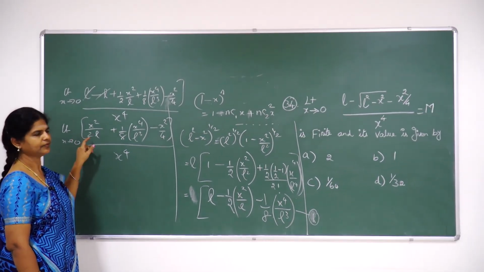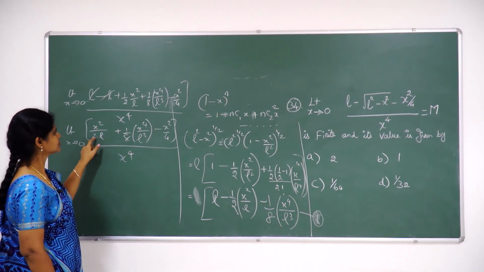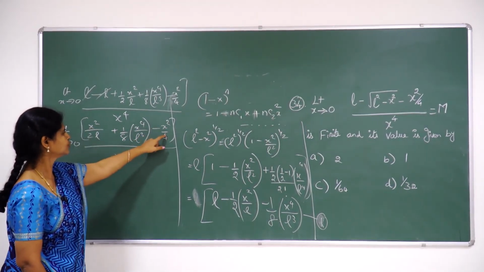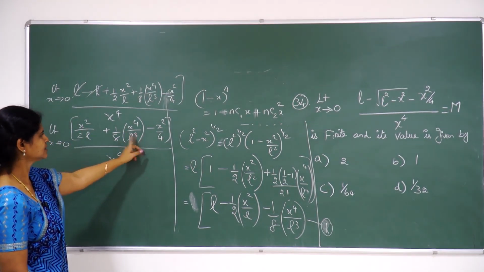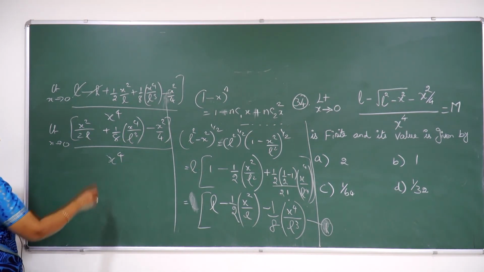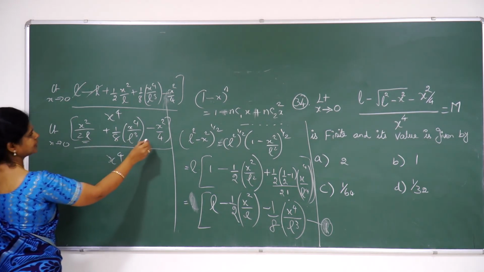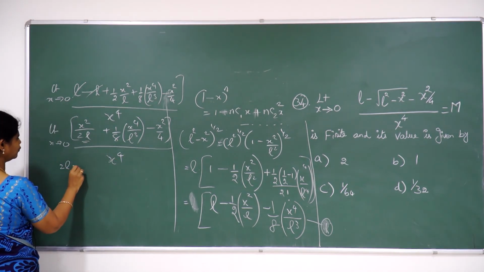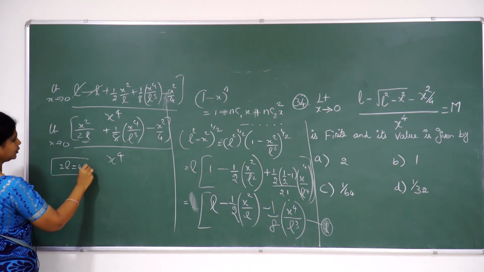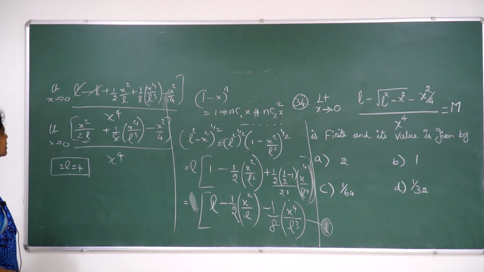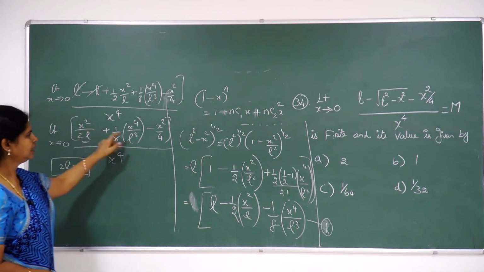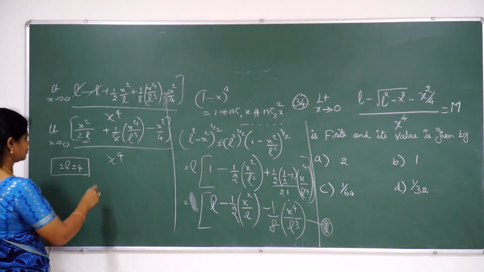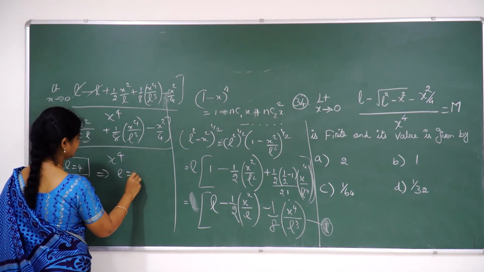To avoid the infinity, these two terms should cancel each other. So the first and last terms should cancel each other. The only possibility is that the denominator 2L equals 4, so the first and last terms cancel. So you get L is equal to 2.